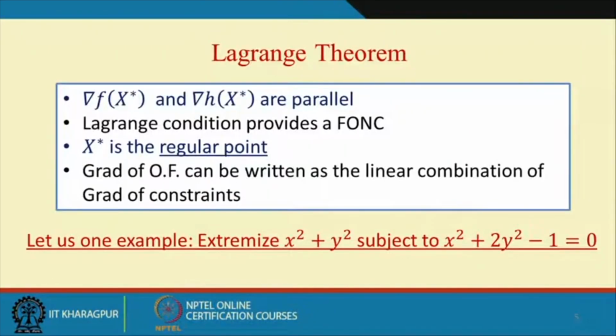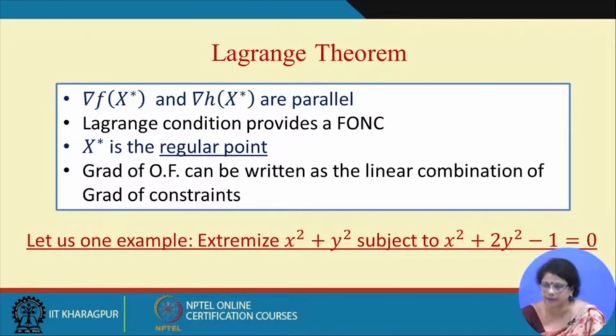Extremize x square plus y square subject to x square plus 2y square minus 1 equal to 0. What you could see is that the objective function is a circle and the constraint is an ellipse. Let us try to see what could be the solution for this problem.